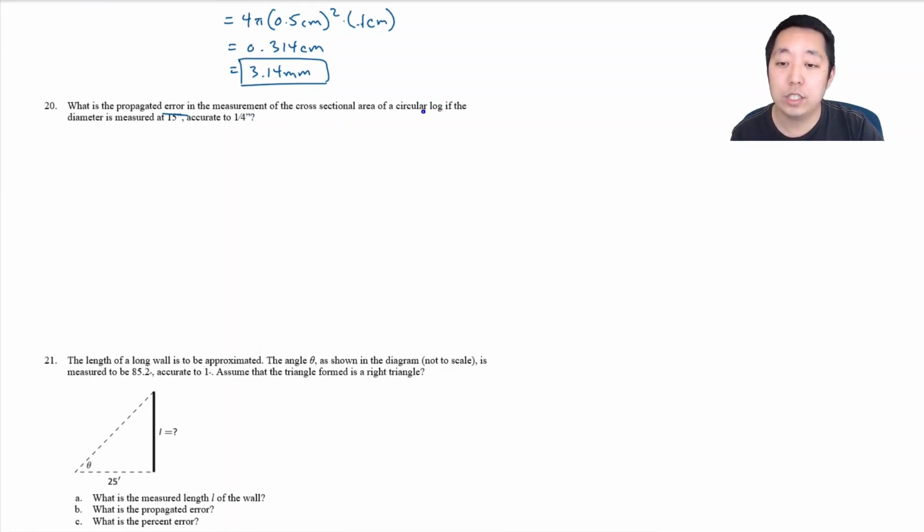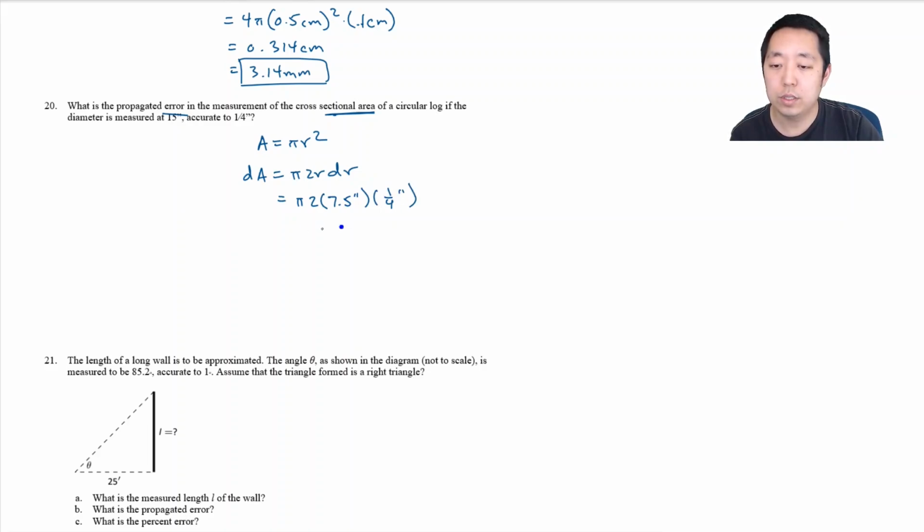Okay, so I have a cross-sectional area of a circular log. If the diameter is measured 15 inches, accurate to 1/4 inch, I want the area. The area is pi r squared. So my differential for the area is dA equals pi times the derivative of r squared, which is 2r dr. So this is pi times 2 times the radius, which is 7.5 inches, and dr, which is 1/4 of an inch.